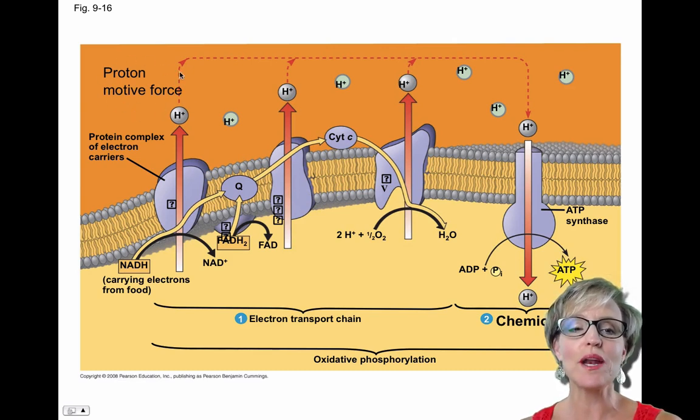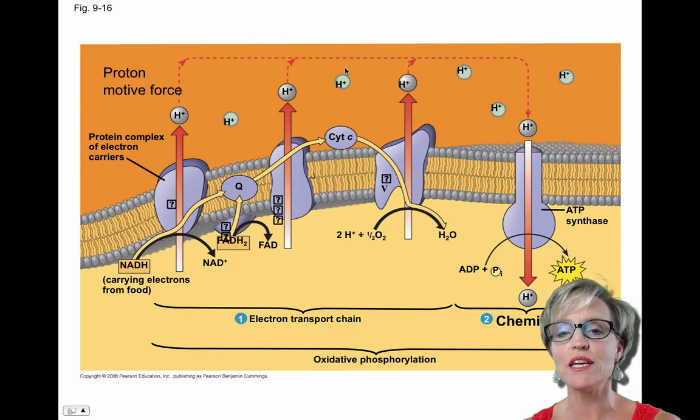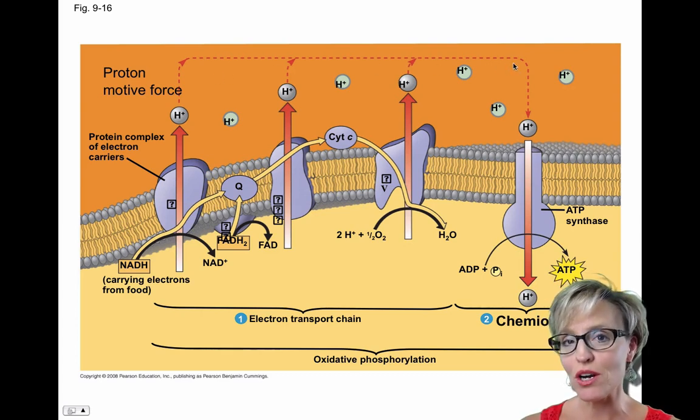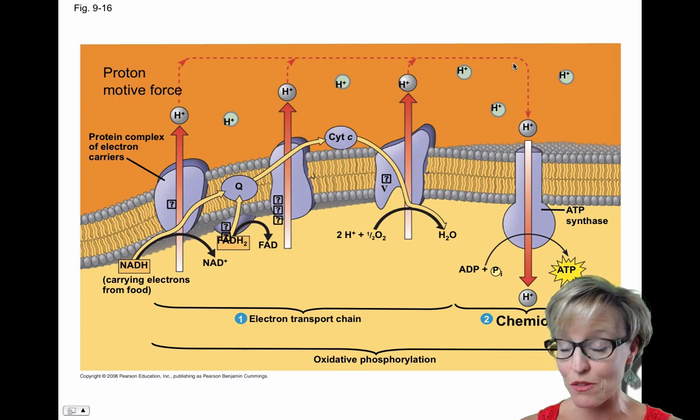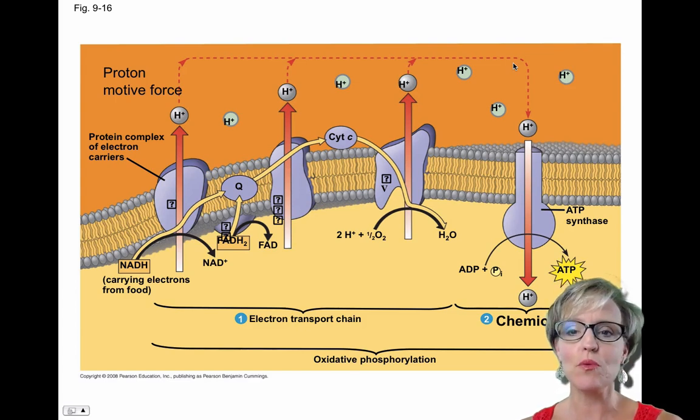Now remember, whenever we have a high concentration gradient, we have potential energy. As the concentration gradient of these hydrogens gets more and more concentrated, they will, as it were, be popping the seams to escape. Well, the only place that they can escape is this ATP synthase.